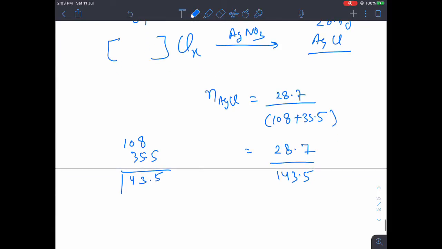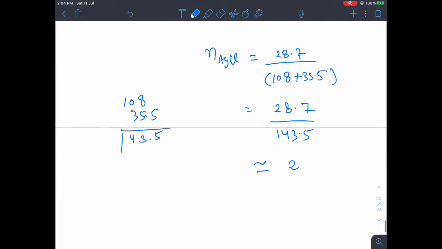If you divide it, it will come to 287 by 1435, that is, 2 by 10, which is basically 0.2 mole.